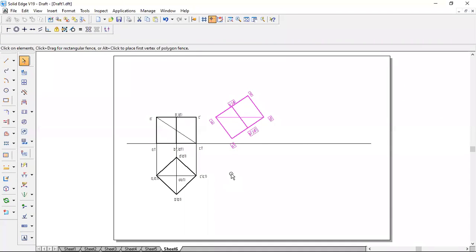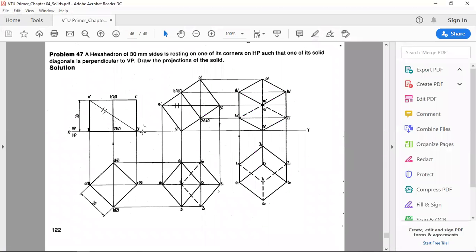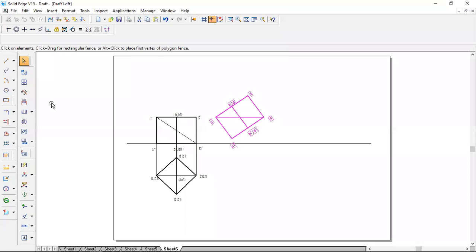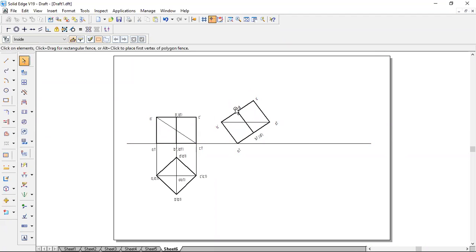It is resting on, for example, A1 dash, this corner. Now this has to be moved such that this point comes on the XY line. Now this body diagonal is parallel to the XY line.